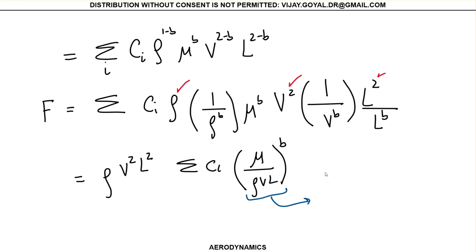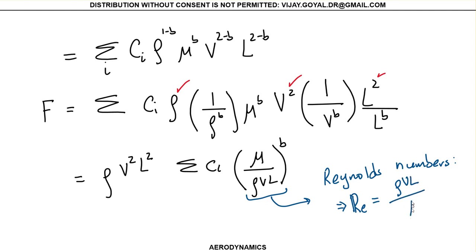Okay, so this is the Reynolds number, and the Reynolds number is very useful in fluid mechanics and aerodynamics because it helps us to understand how the flow of my fluid behaves. The Reynolds number is typically given by rho V L divided by the viscosity. That's the definition of the Reynolds number, and it's going to help us to tell if my fluid is turbulent or is not turbulent.